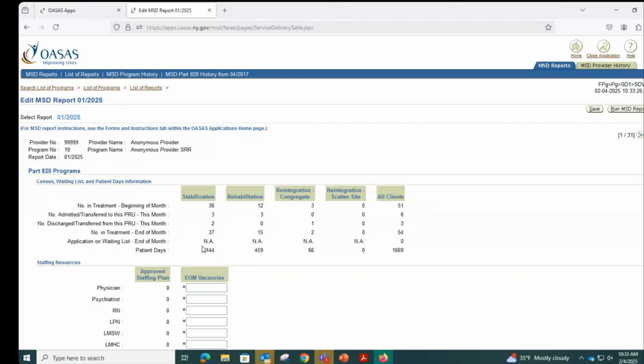If we had a waiting list and we were entering that data into the OASAS CDS system, we would see that number populate here under the total row. And again, we see patient days, this time broken down by element of care and the total under all clients. So if you have an issue with your patient days, again, that goes back to your CDS transactions, not your MSD.